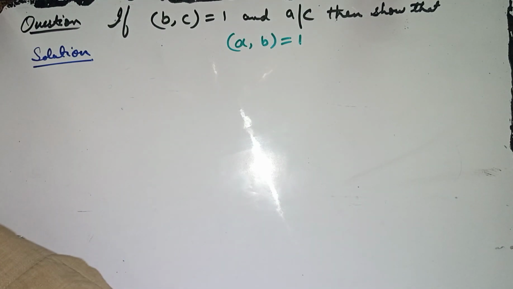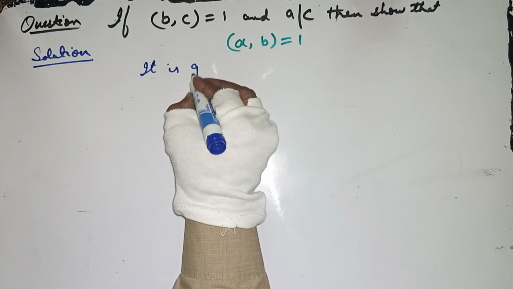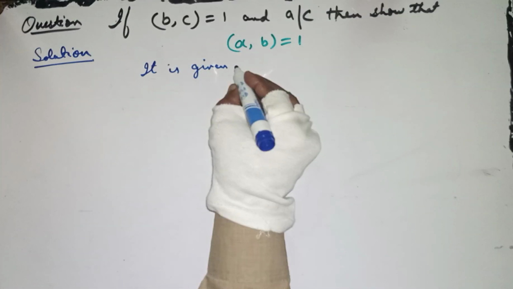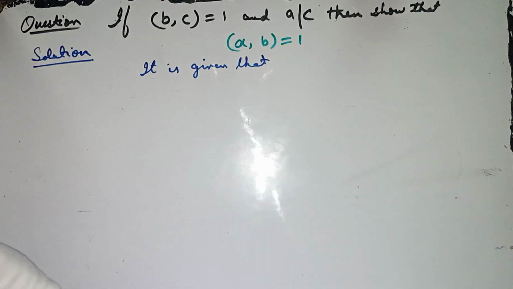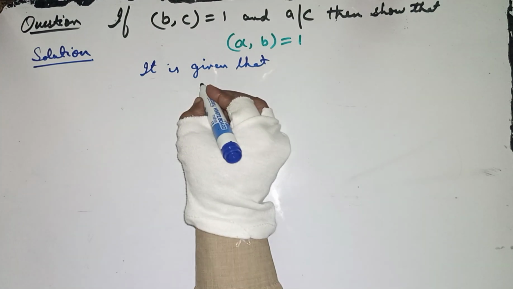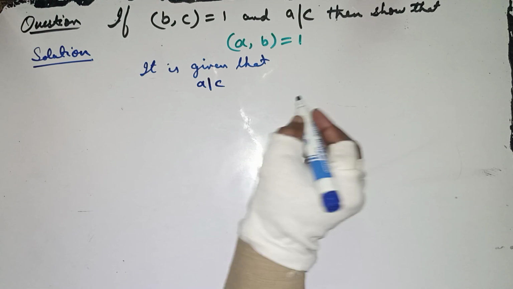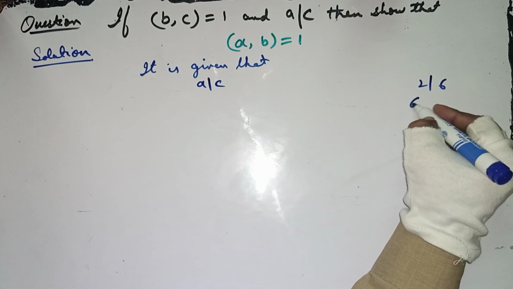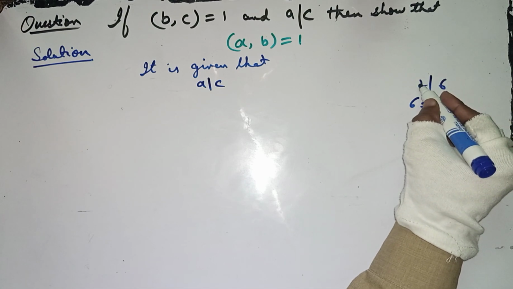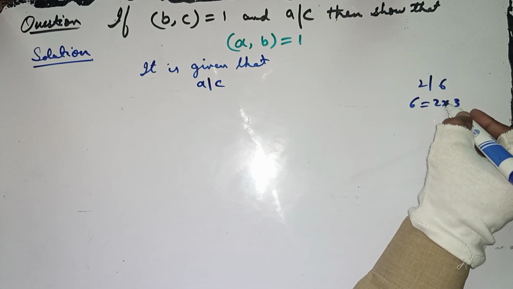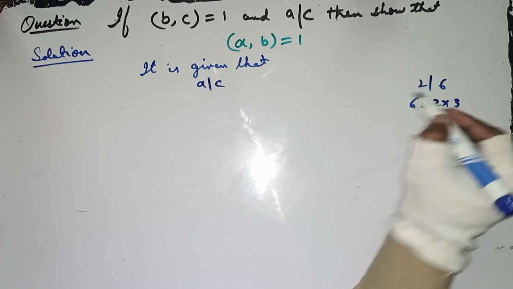Okay, it is given that A divides C. So if 2 divides 6, then 6 must be equal to 2 multiplied by 3. If it is a multiple and this is a factor, then there must be another factor with which we multiply to get this multiple.